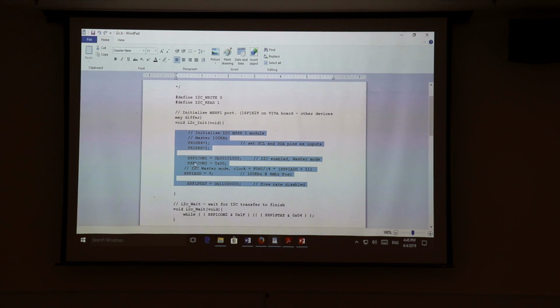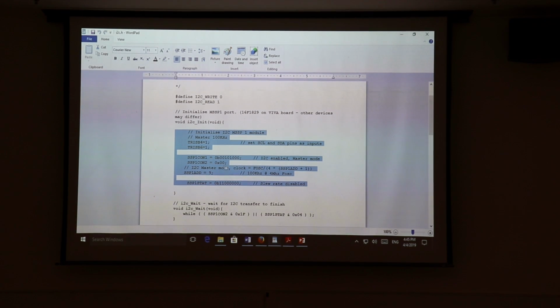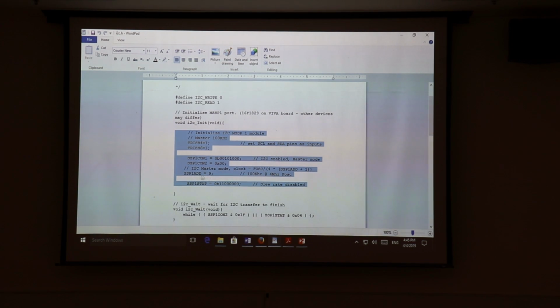And then it sets up CON2 to pick the right clock frequency. Basically just the clock frequency. All right, and then we use the SSP1 address window.